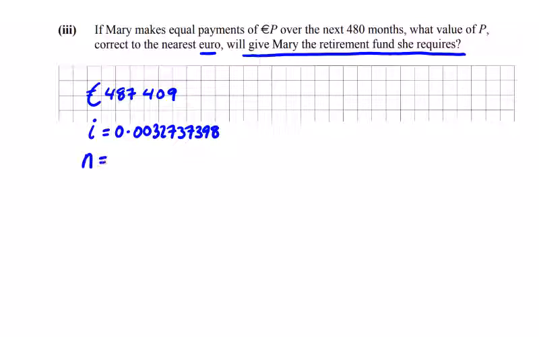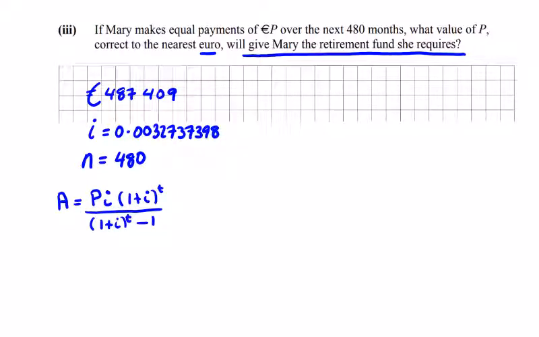Time period N or T is going to be 480. The formula we're going to use is A is equal to P times I times 1 plus I to the power of T over 1 plus I to the power of T minus 1.